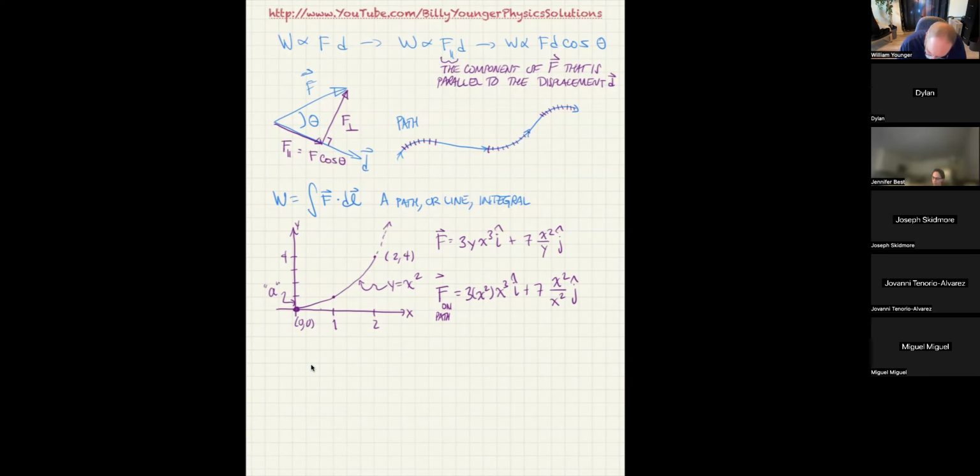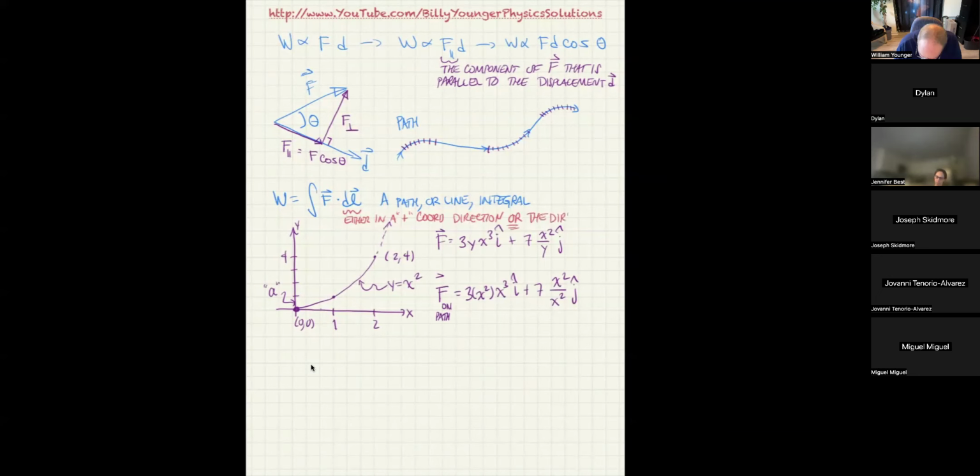So it turns out this goes either in a positive coordinate direction or in the direction of travel.